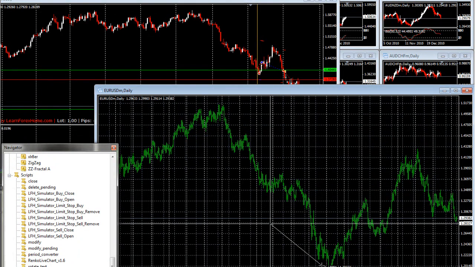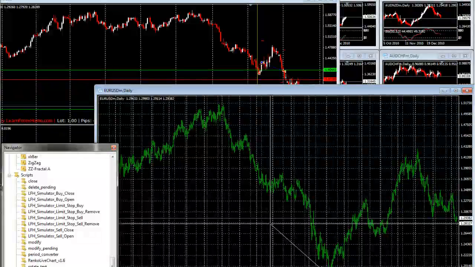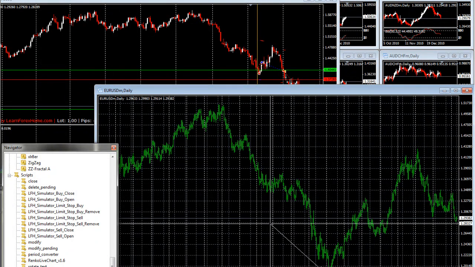So this is 880 pips. So I can say now that this wouldn't have been reached. And so I'm not going to continue with this at the moment.